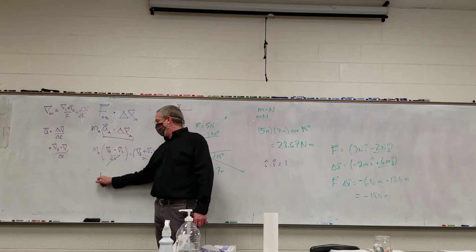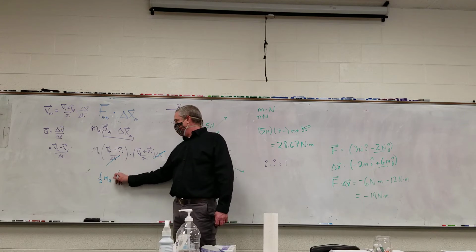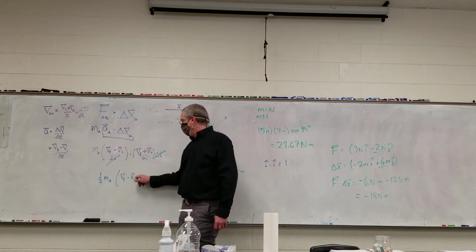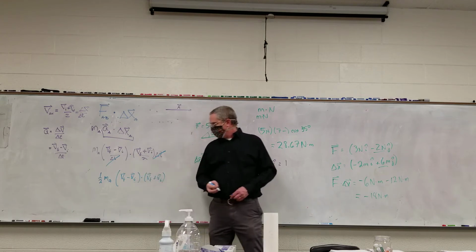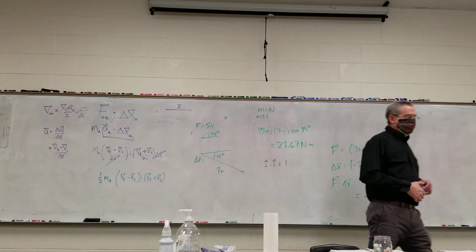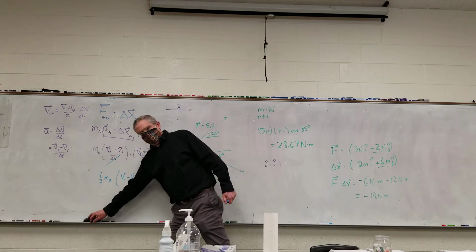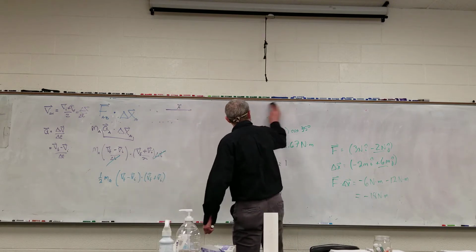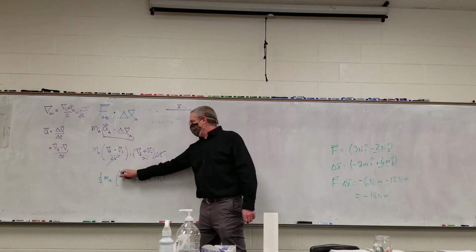So that's 1/2 mass times acceleration, or mass of A times VF minus VI dot VF plus VI. I'm multiplying binomials here. We FOIL. We multiply the first ones.